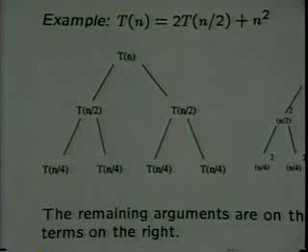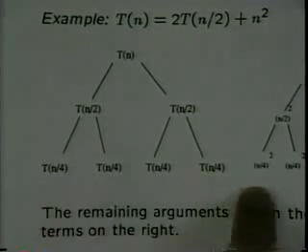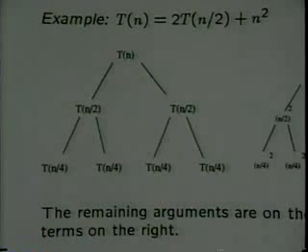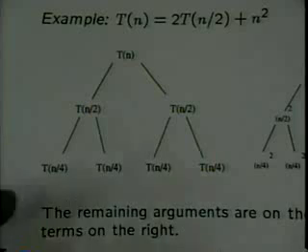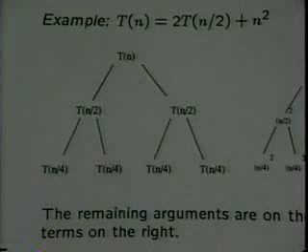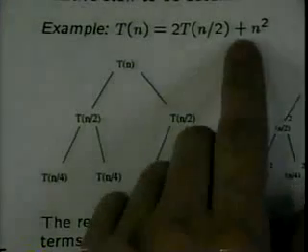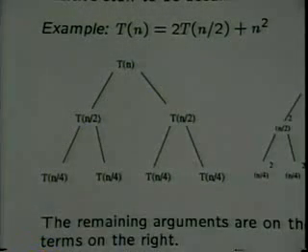What are we going to ultimately have to count from this recurrence relation? Well, we need to count the sums of the basis cases, so we have to count how many leaves there are. Getting a look at this picture will help tell us how many leaves there are. The other thing we need to count is this n squared term.